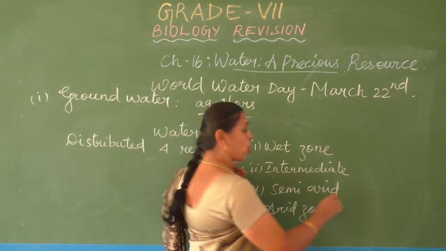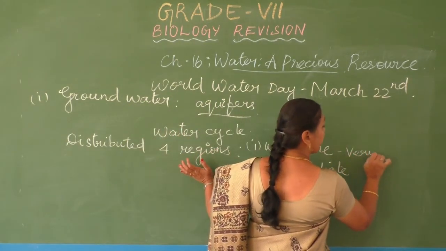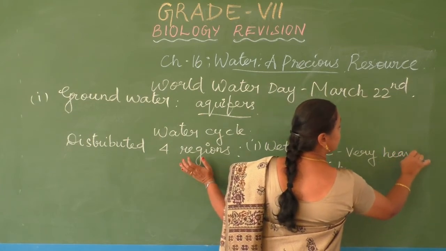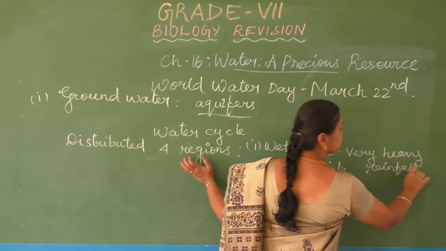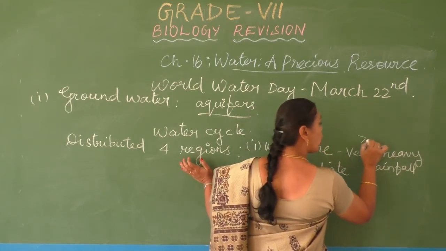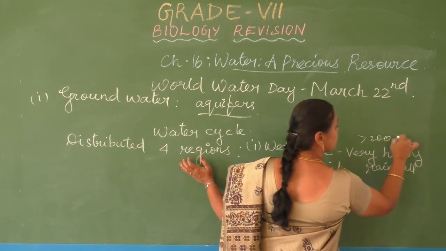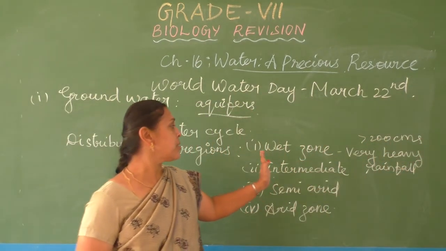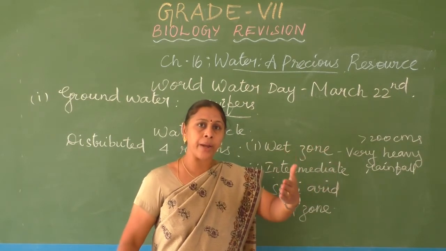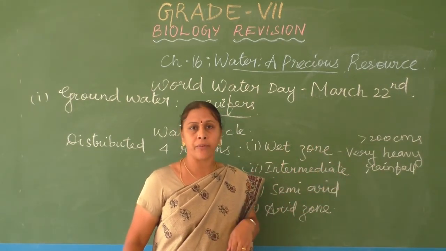In this wet zone, there will be very heavy rainfall. That means these regions will receive rainfall above 200 centimeters in a year.